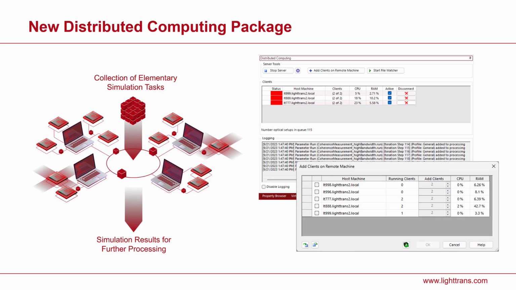What this does is it's going to allow you to set up that set of elementary simulations on your computer and then distribute the individual elementary simulation tasks among different machines in your network so that you can fully parallelize the calculations, those elementary simulation tasks, and drastically reduce simulation time. Again, this is game-changing technology for many, many applications.